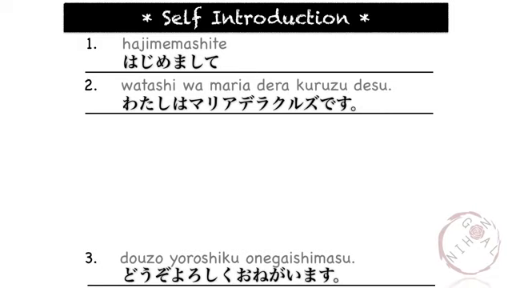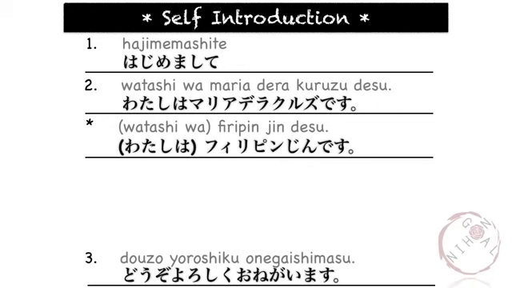For example, you want to say, I am a Filipino. You want to tell them your nationality. 私はフィリピン人です。Or you can drop 私は and just say フィリピン人です。Because you started with 私はマリア・デラクルスです。フィリピン人です。So it's already implied that you're talking about yourself.